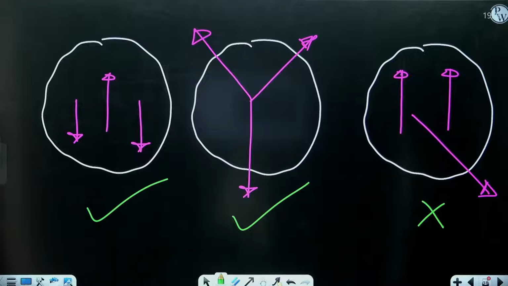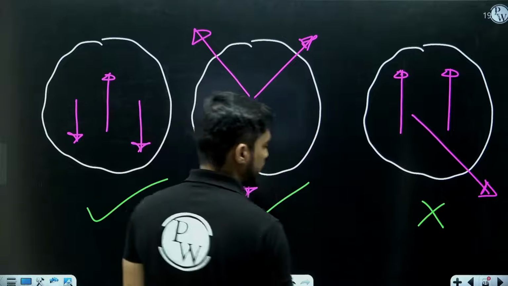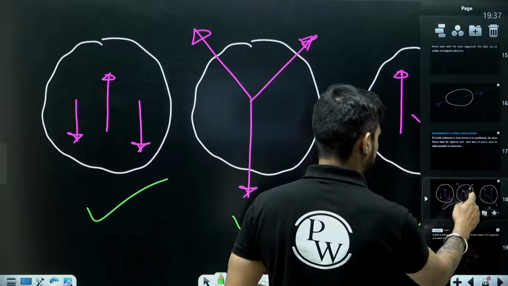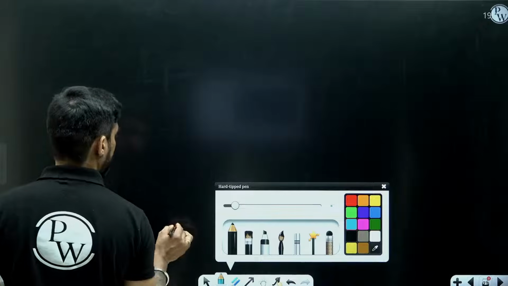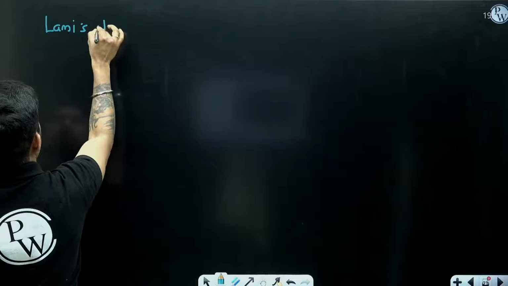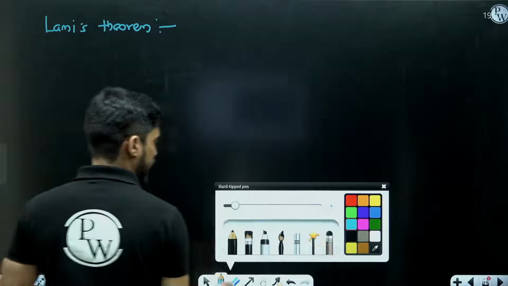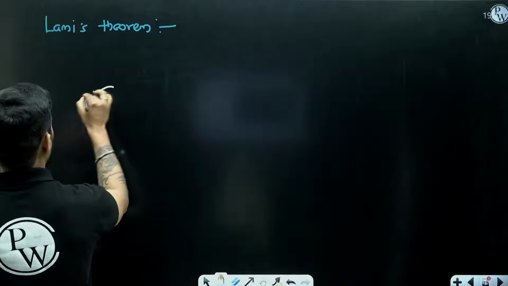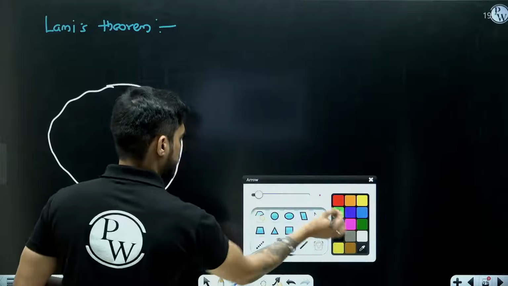Now, if you get this case, then you have a very interesting theorem known as Lamy's Theorem. Now, what do we mean by Lamy's Theorem? Understand, it's a very useful theorem. So let's say that a body is subjected to only three forces like this.